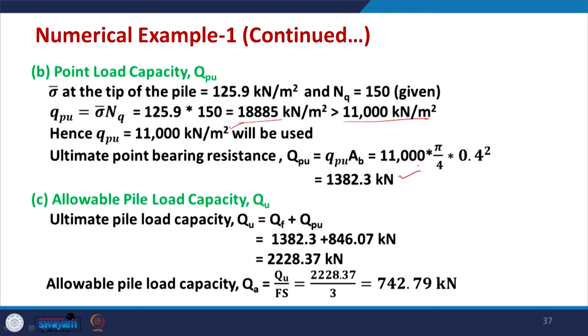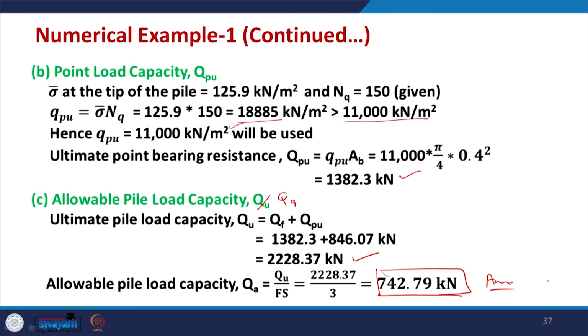Then the allowable pile load capacity QA can be determined. First, you find the value of QU, which is QF plus QPU. So the total ultimate pile load capacity is 2228.37 kilonewton, and when we divide by a factor of safety of 3, you get 742.79 kilonewton, which is basically the allowable load for the piles, and this is your answer.